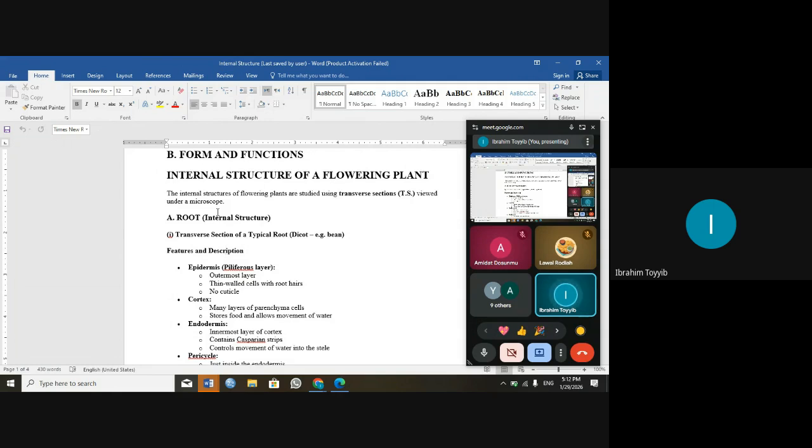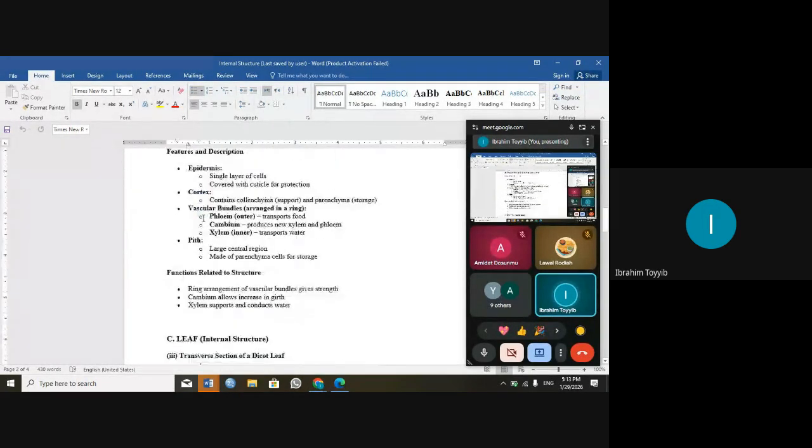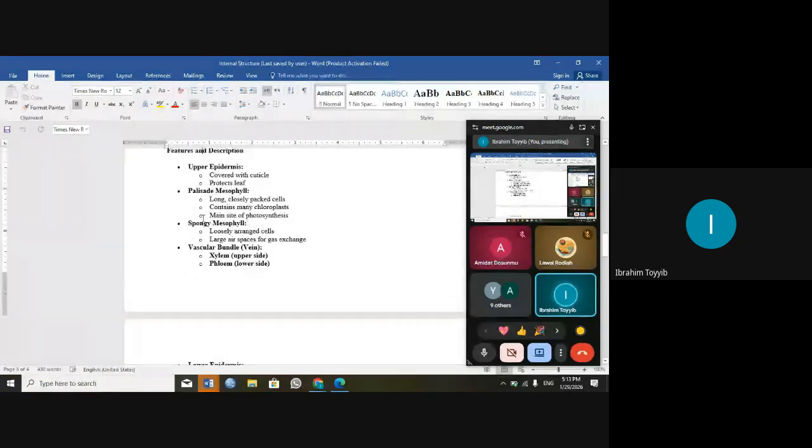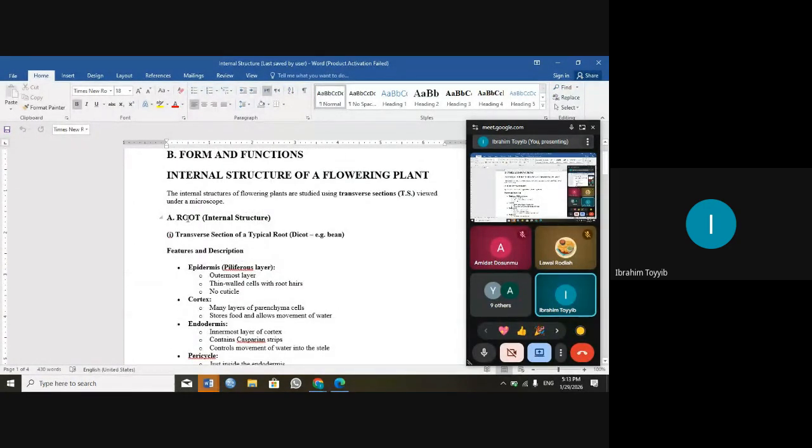So three things are found under the internal structure of a flowering plant: root structure, stem structure, and leaf structure. As we've said, under angiosperm, which is flowering plants, we have monocotyledon and dicotyledon, so we'll be referring to that.